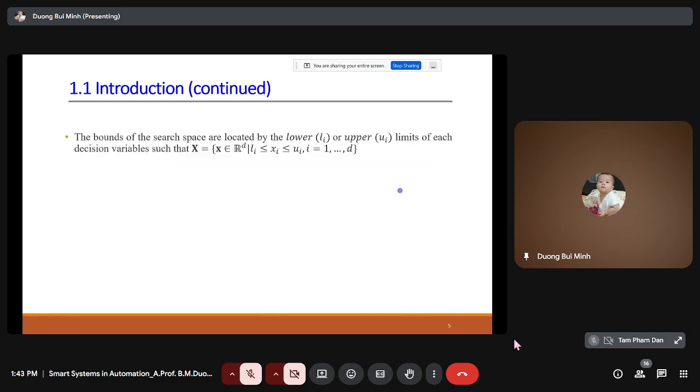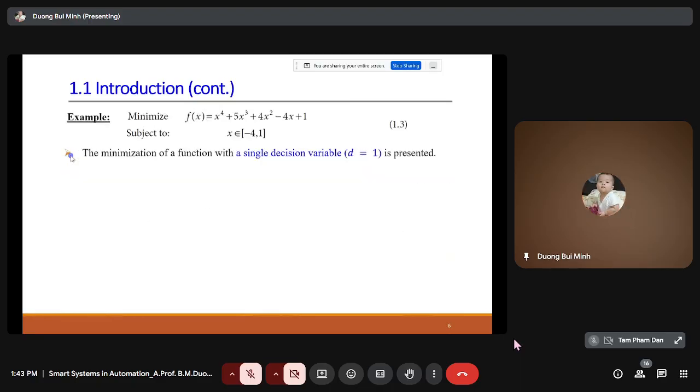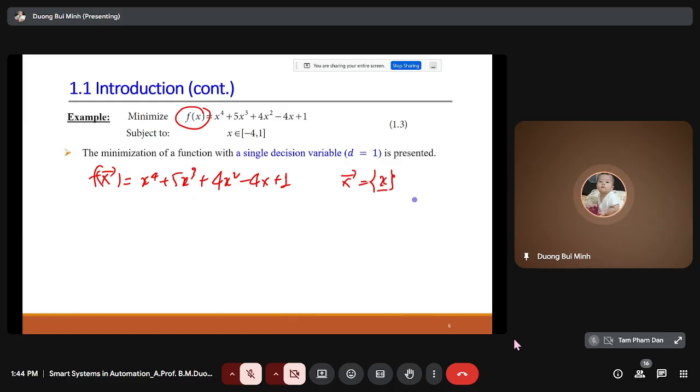For example, here we have the objective function f(x) = x^4 + 5x^3 + 4x^2 - 4x + 1. Here the vector x includes one element, so the dimension is 1.